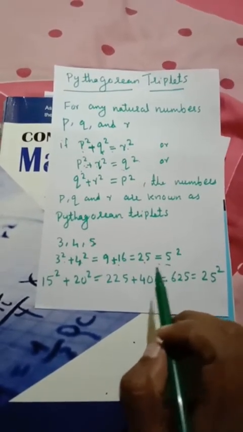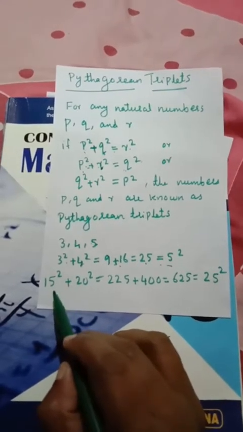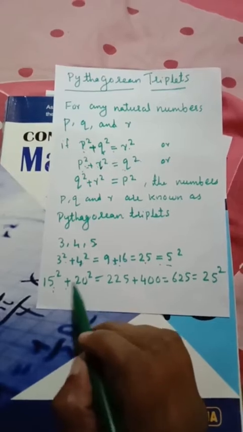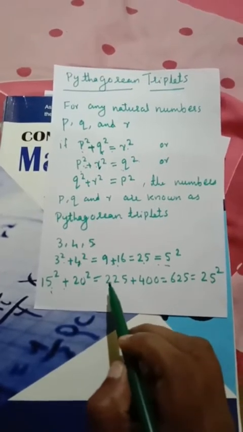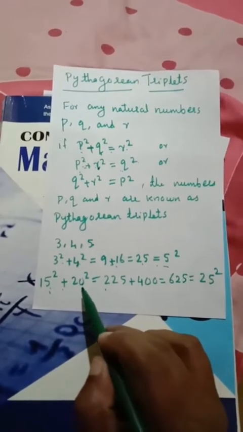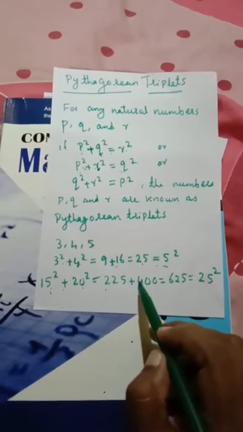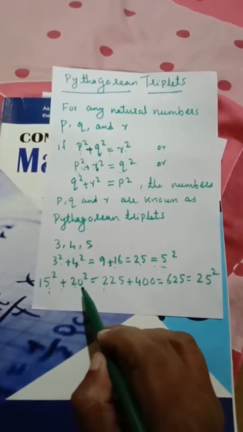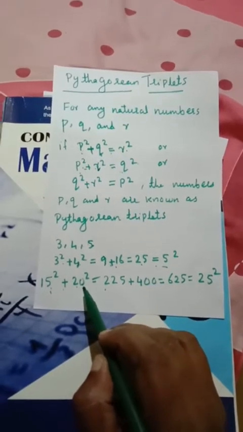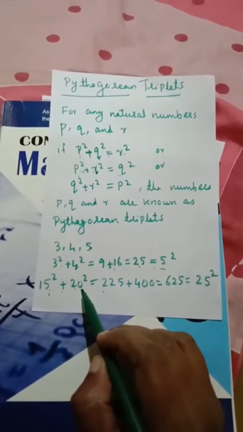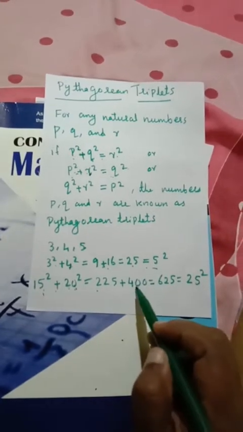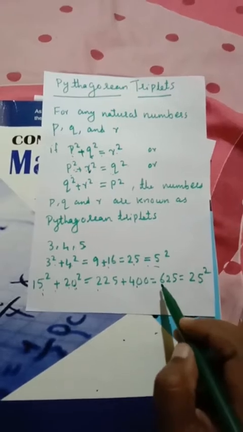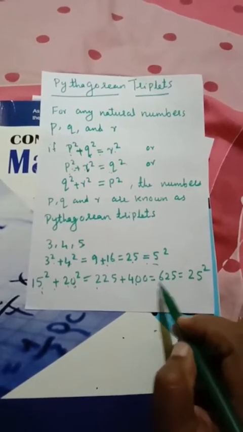Now check another example. Take 15 and 20. 15 square plus 20 square. What is 15 square? 225. Plus, what is 20 square? 2 square is 4 and here 0s. How many zeros in the answer? 2 zeros. That is 400. So 225 plus 400 is 625.